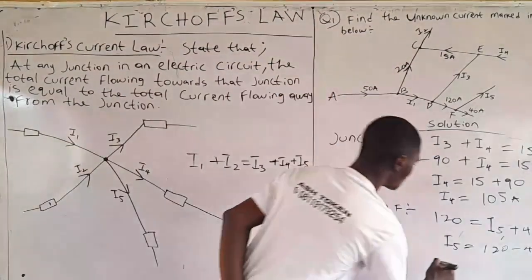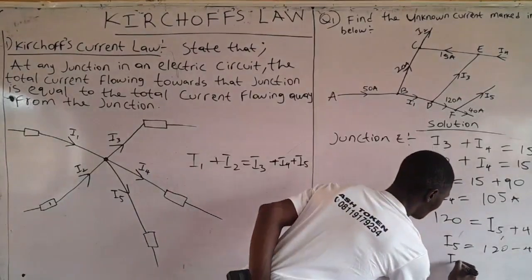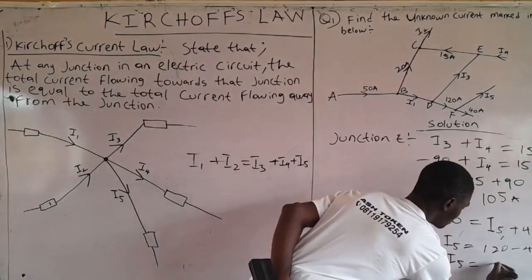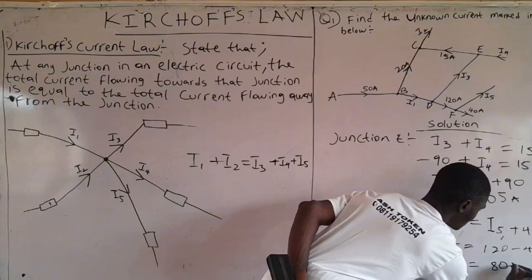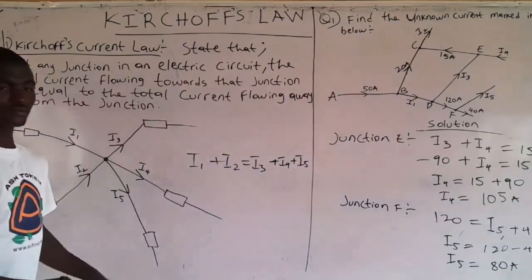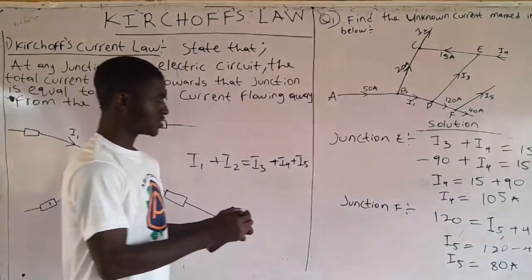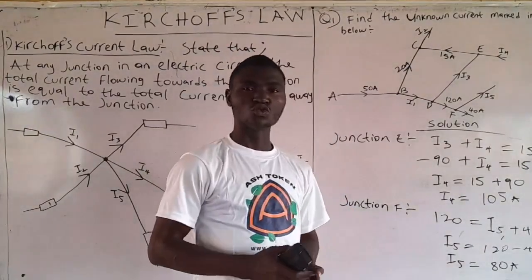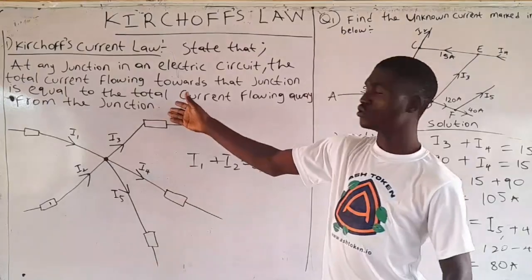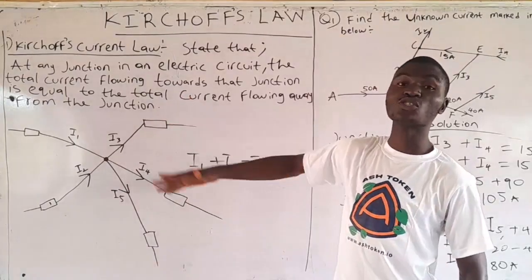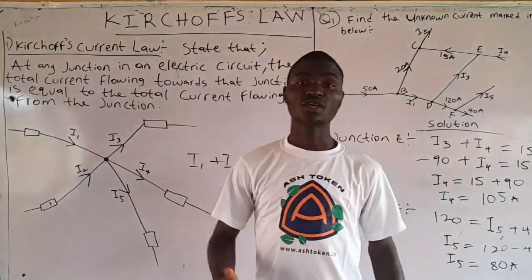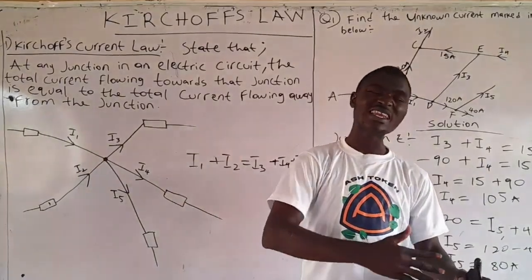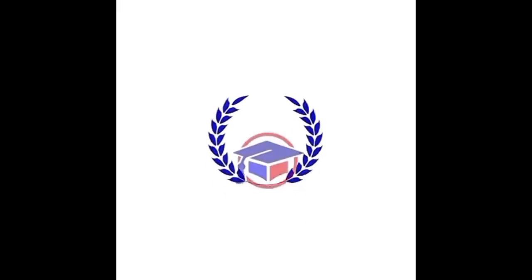So we have I5 is equal to what? 80 amperes. You can see, all you need to do is to know your law, Kirchhoff's current law, that states the total sum of current entering the junction is equal to the total sum of current leaving the junction.